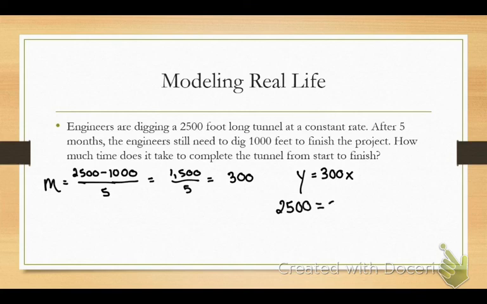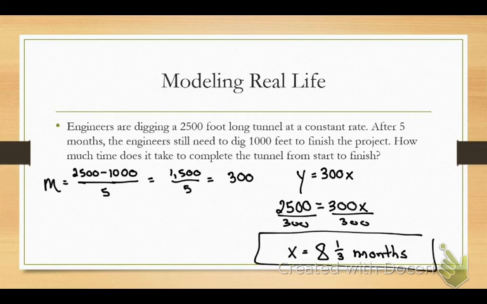That's okay. 2,500 equals 300x. Divide both sides by 300. And your x equals, all right, about 8 1/3 months. Okay, 8 months, 10 days, something like that.